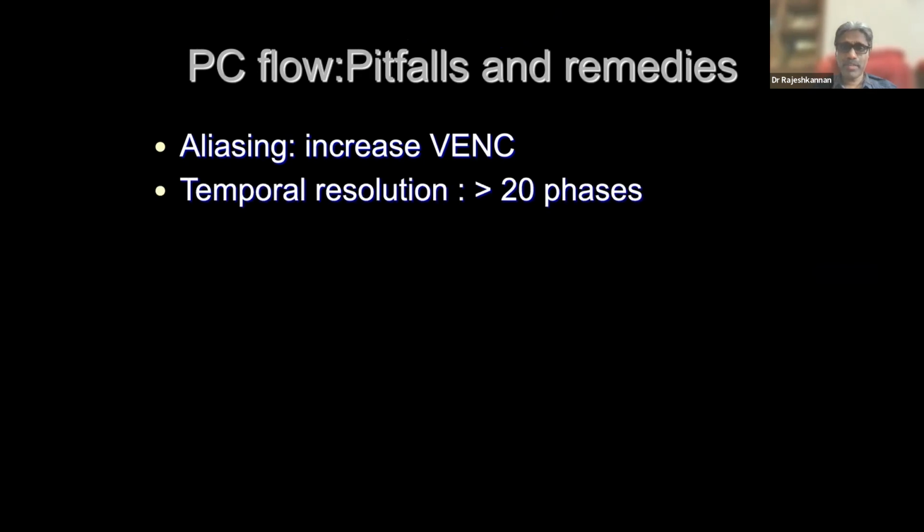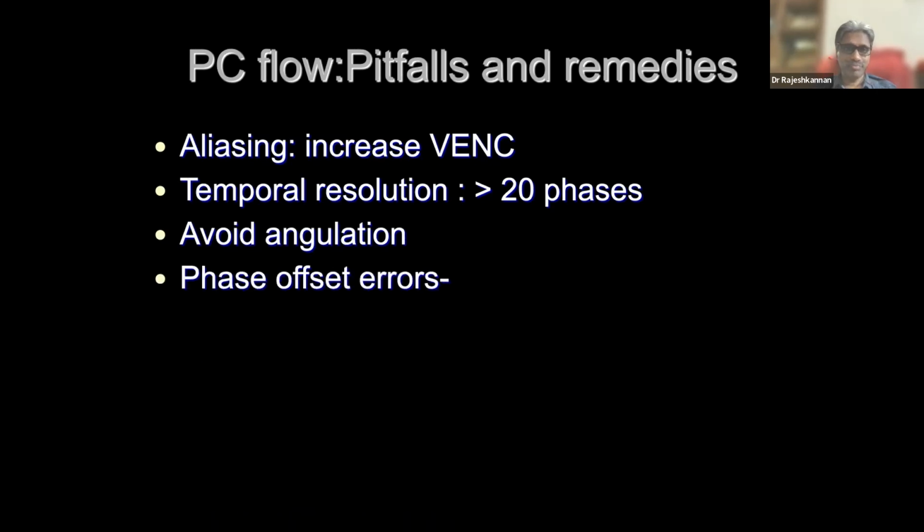For better temporal resolution, use at least 20 phases. We use 24 phases consistently, and try to avoid any major angulation. So that's why you take an MR angiography or a 3D sequence, and you plan from that, so that you will get a true cross section of the vessel.